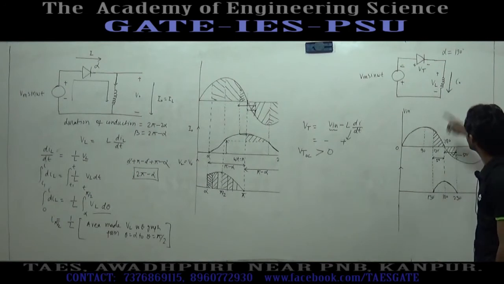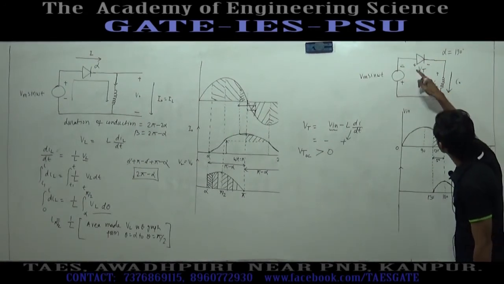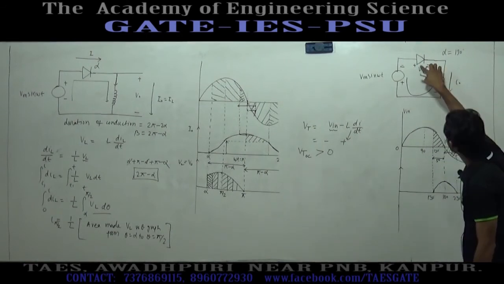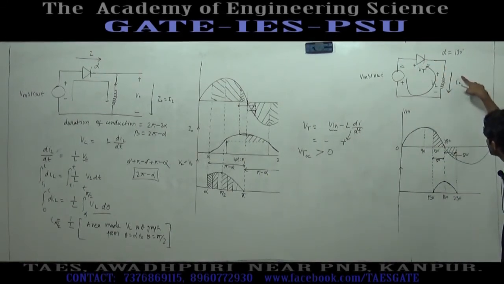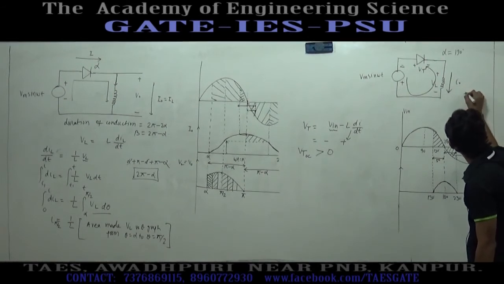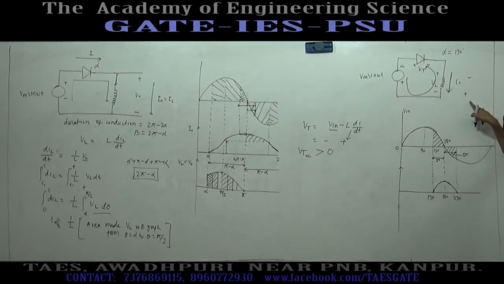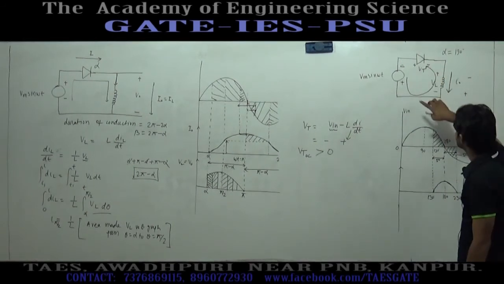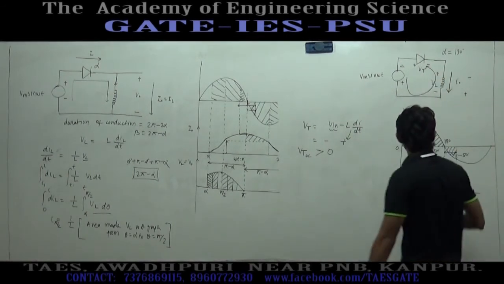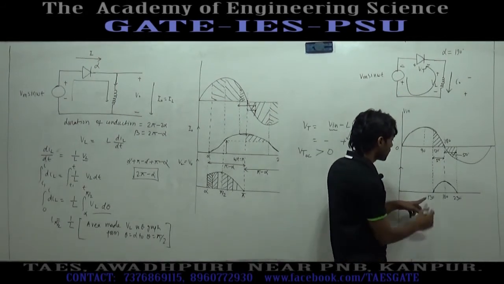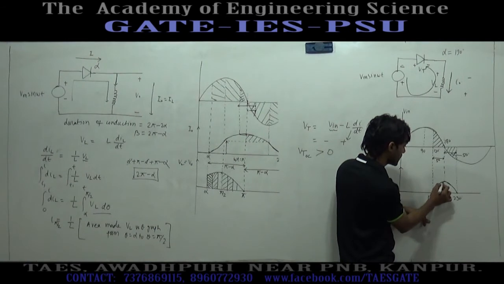So, even after omega t equal to pi, this voltage source is trying to switch off the thyristor, but the inductor current is decreasing, and if the current is decreasing, the inductor sets its voltage with this polarity. This voltage is trying to conduct the thyristor. So, overall the thyristor conducts. So, from 130 to 180 degree current will rise.